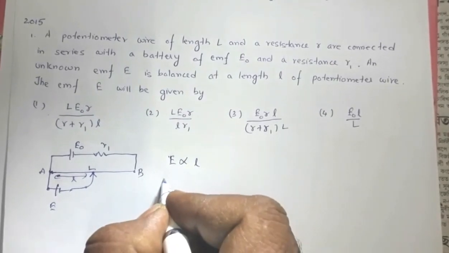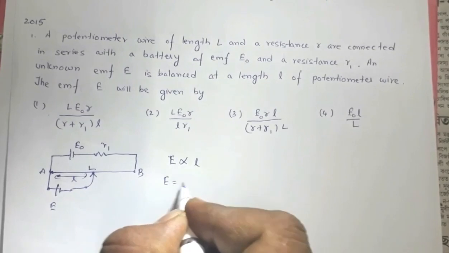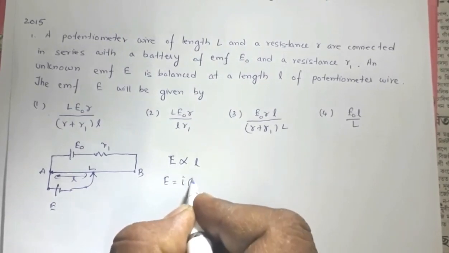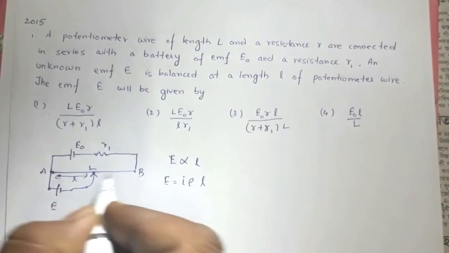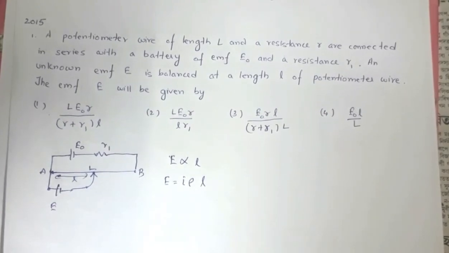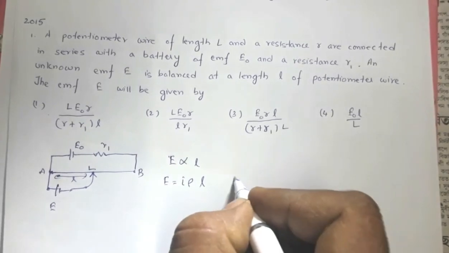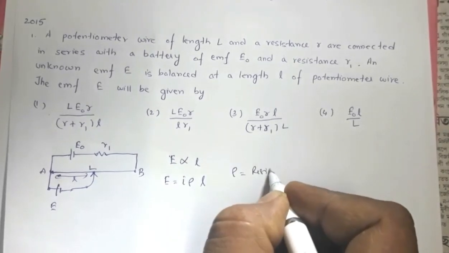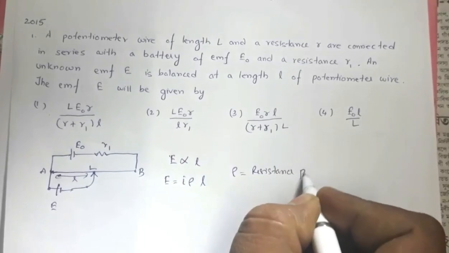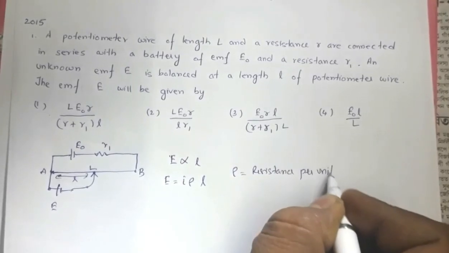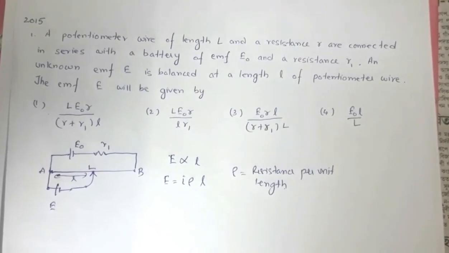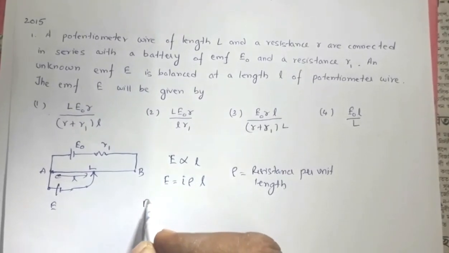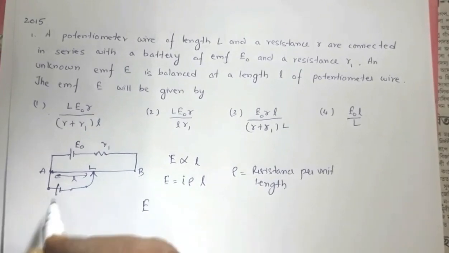This is the principle of potentiometer, and E is equal to I rho l, where the proportionality constant is I rho. Here I is the current flowing through the potentiometer wire, and rho is the resistance per unit length of the potentiometer wire. So E is the EMF of this cell that is asked.